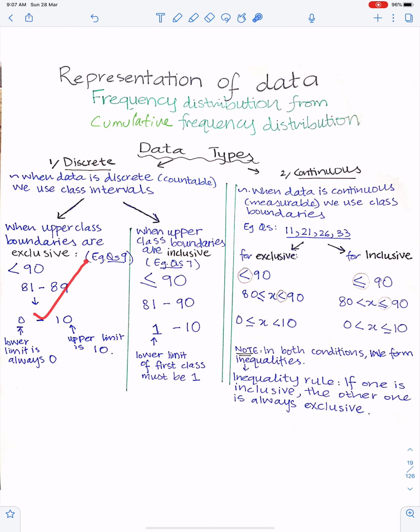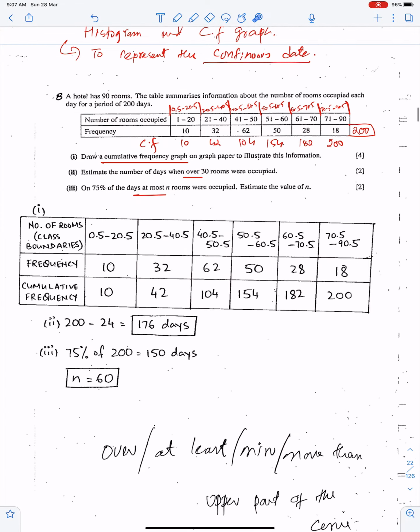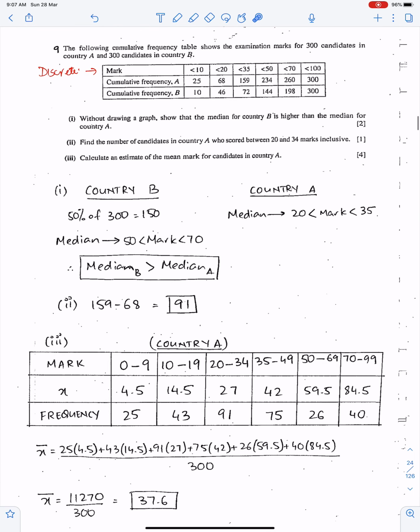Now we'll do this concept, exclusive. So first number will be 89, and this first number must be 0. Question number 9. See, the data is discrete, and first for this part we will construct a frequency distribution.